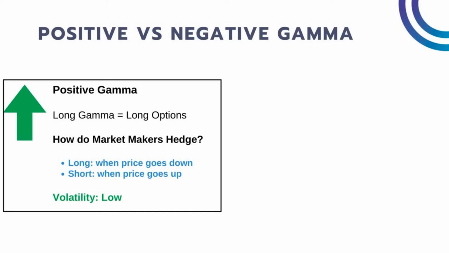They do this to delta hedge their position, because their business is not taking risk but facilitating the exchange of securities, options or stocks. By doing this in positive gamma, we typically see low intraday volatility.